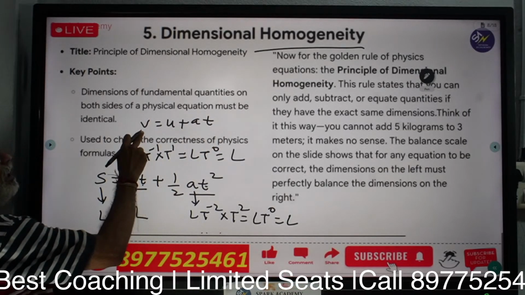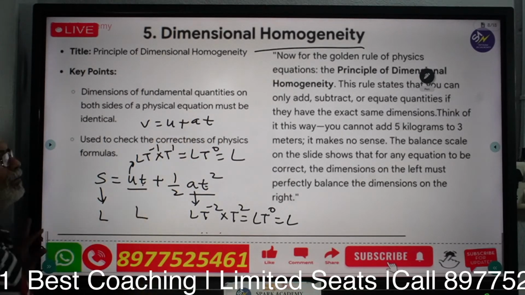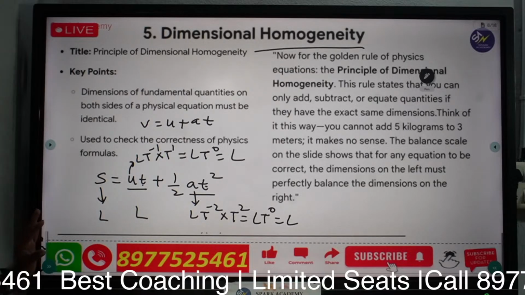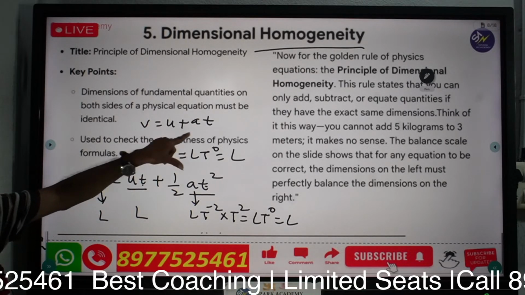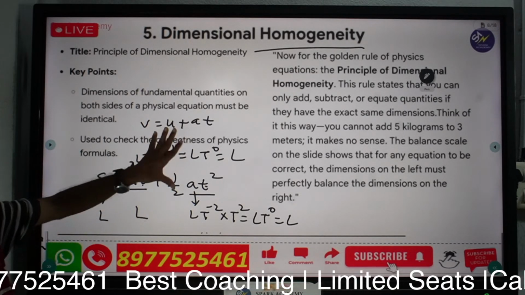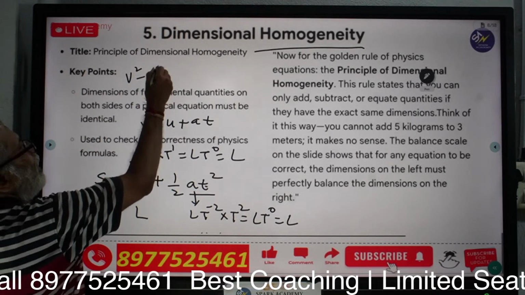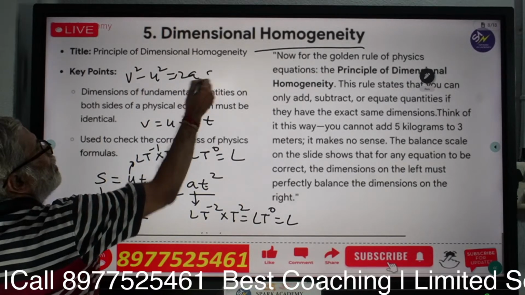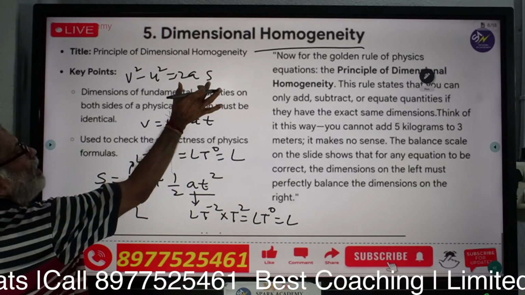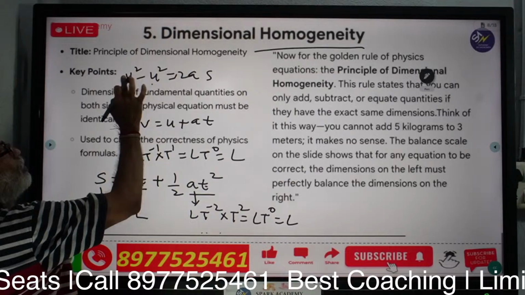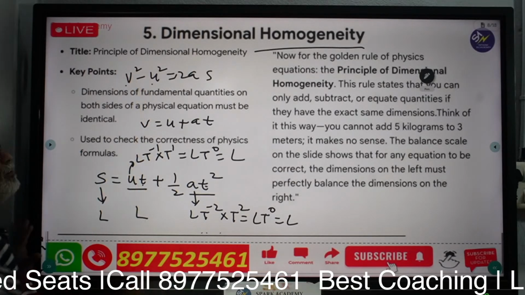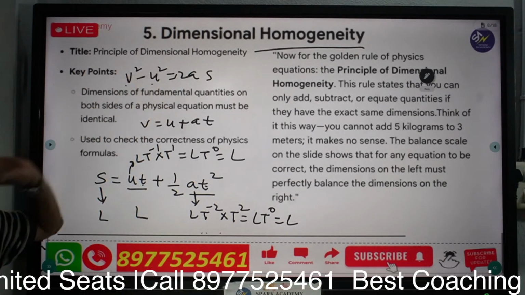V is LT minus 1, this also LT minus 1, this LT minus 1. So you can add or subtract physical quantities. Suppose you write V square minus U square is equal to 2As. The dimension of 2As is the same as the dimension of U square, same as the dimension of V square. Then only you can add or subtract.